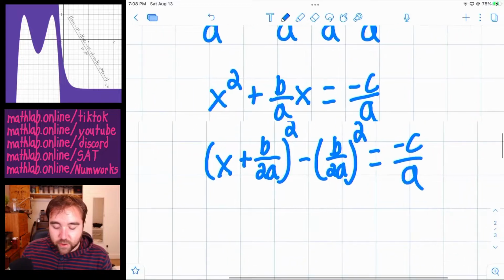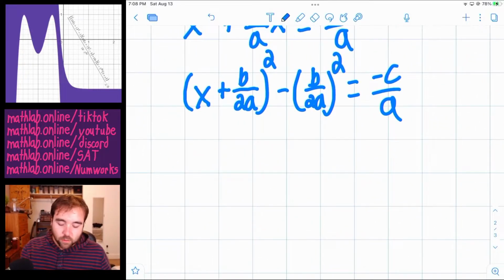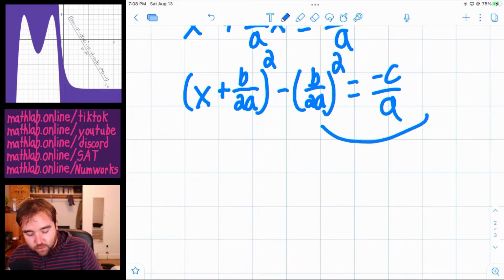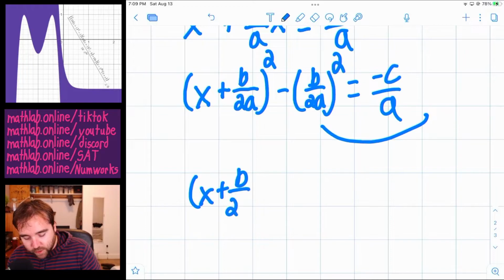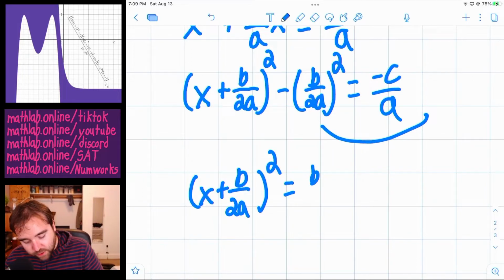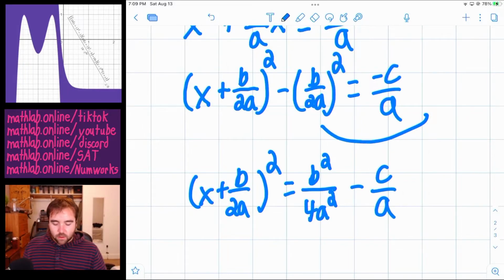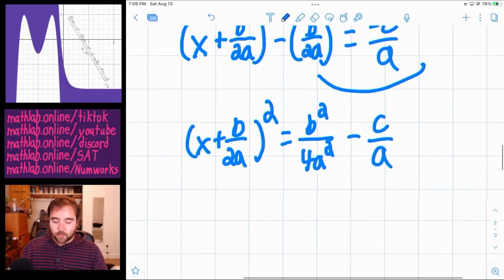Now we just need to solve for x. We're just trying to get x by itself. So how's that going to go? Well, we're going to have to move this to the other side. So we've got x plus b over 2a squared. And then what? That's, so b squared over 4a squared minus c over a. All right.